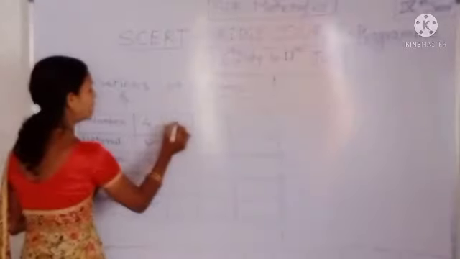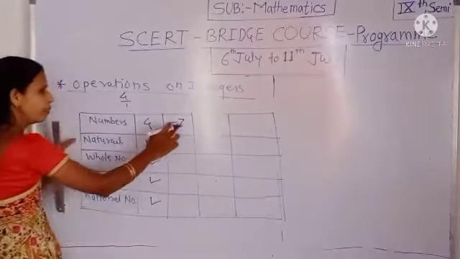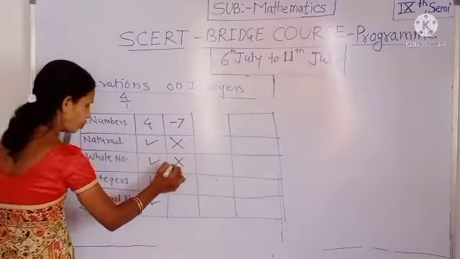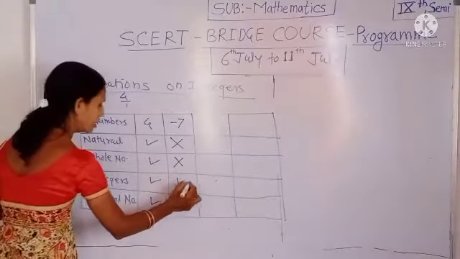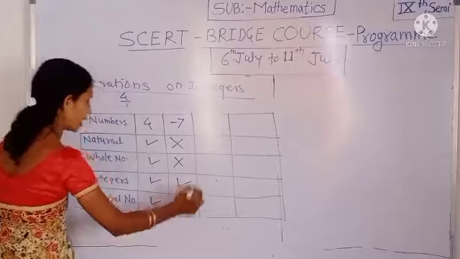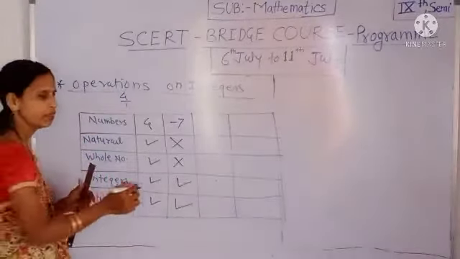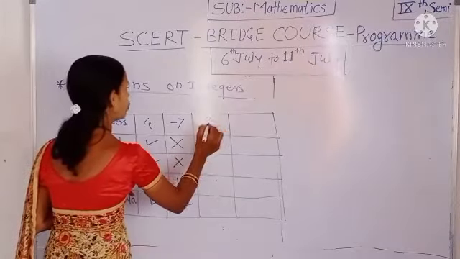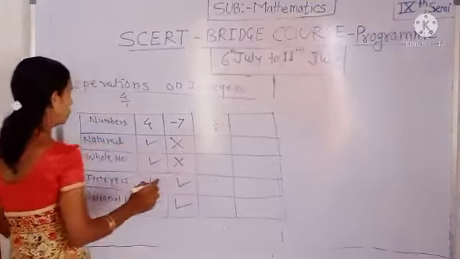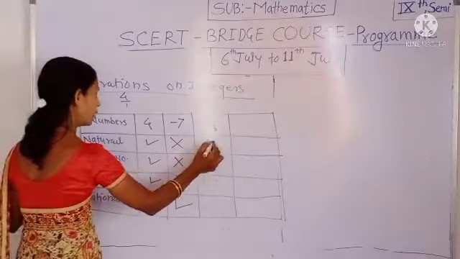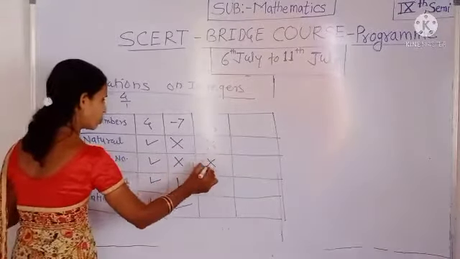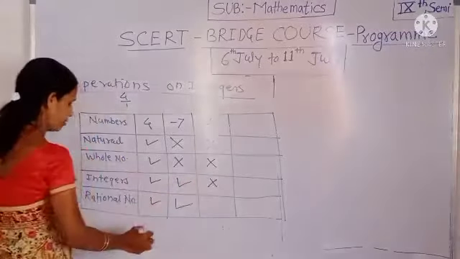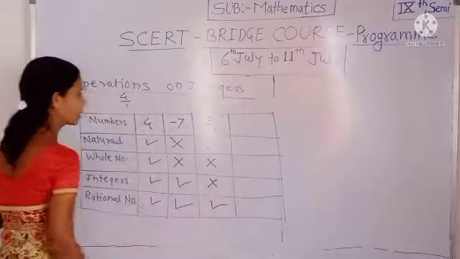Then -7 is not a natural number, it is not a whole number, it is an integer, and as well as it is a rational number. Then one more concept, that is 2 upon 3. 2 upon 3 is not a natural number, it is not a whole number, it is not an integer, but it is a rational number.